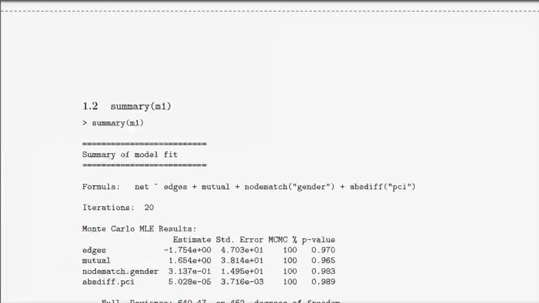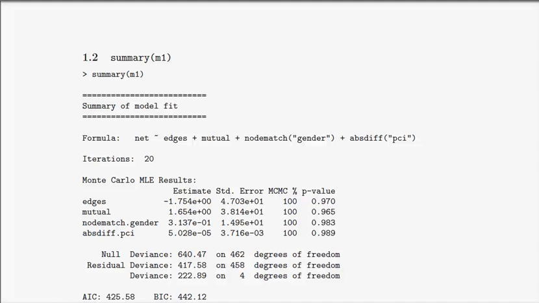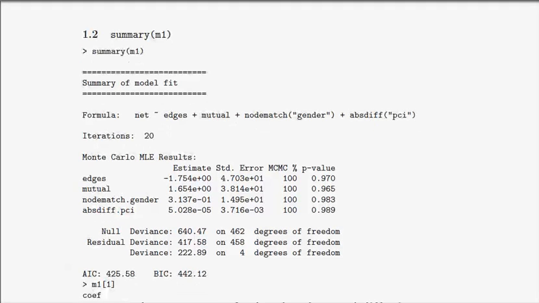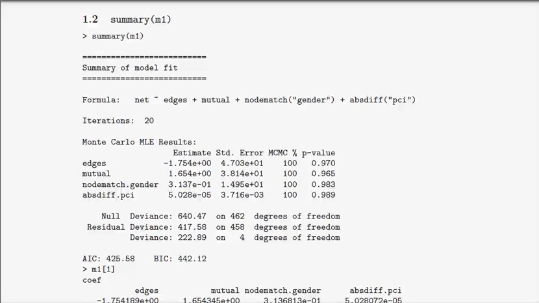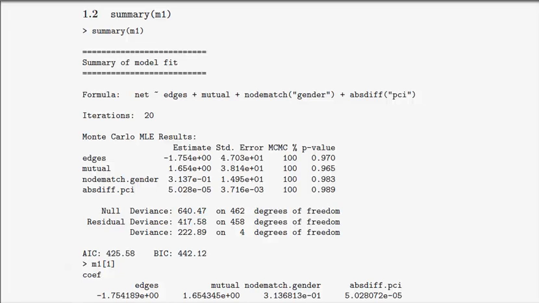And second, the summary. The summary consists of the formula that we used. That is a net depends on the edges, the mutual ties, the gender, and the per capita income. Iterations set at 20, and there are results of the simulations.